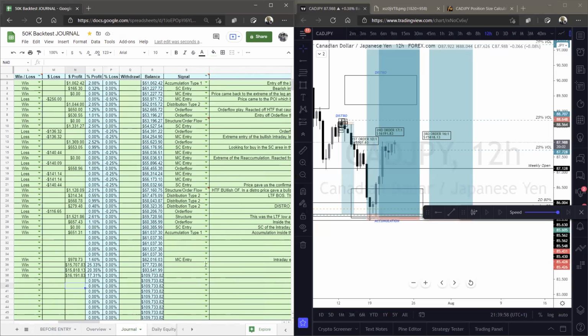Okay, this one was the MC. This one was accumulation type 2. And this one here was the MC as well.